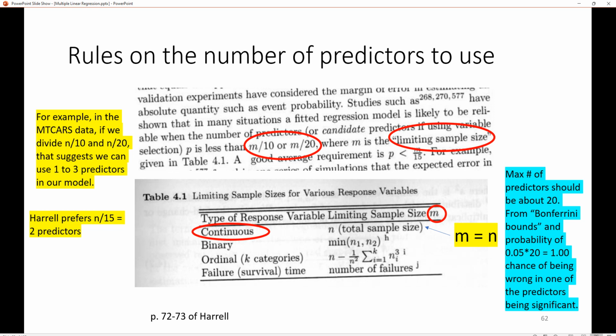And so that's one way that we can determine the number of predictors that we can use. At max, we might want to use up to 20 just to give us a model that should do well in future data. But it also depends on our sample size. When we have about 32 rows of data, like the cars data, then we'd probably want to use about 2 or 3 predictors.